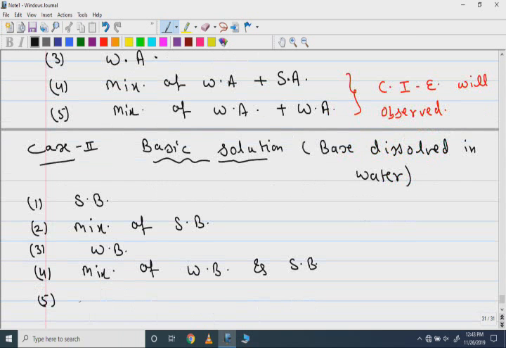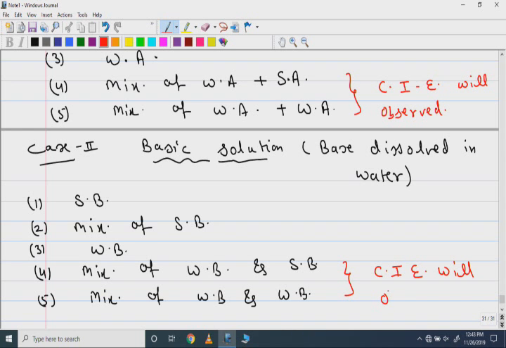Number 5, mixture of weak base and weak base. Again, in these two cases, the common ion effect will be observed. Copy and then confirm.